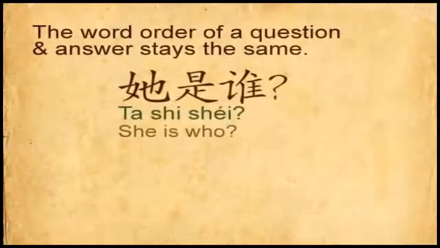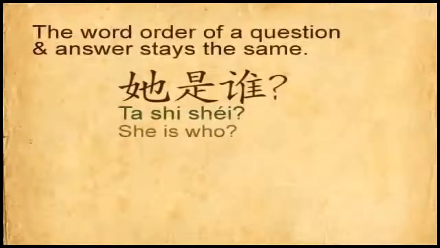Two of our sentences were questions. The first sentence was 她是谁? The question word 谁, meaning who, comes at the end of the sentence. She is who? In Chinese grammar, when you ask a question, the word order of the sentence stays the same in the question and the answer.